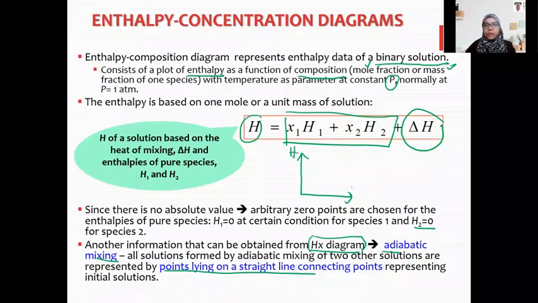So we have enthalpy and the composition. So maybe the data is like this. So to obtain the point by considering it adiabatic, we can draw a straight line lying to this to obtain the value for this point.